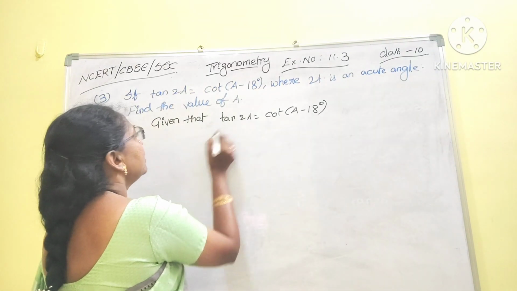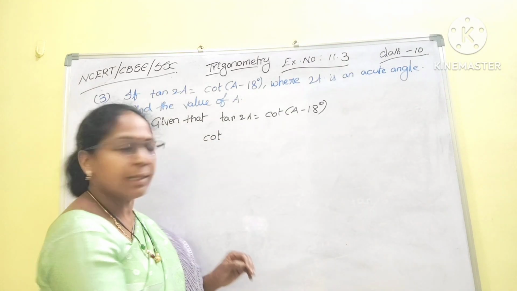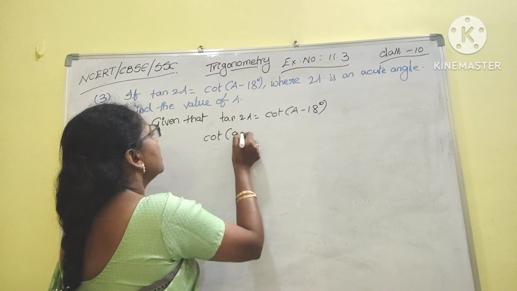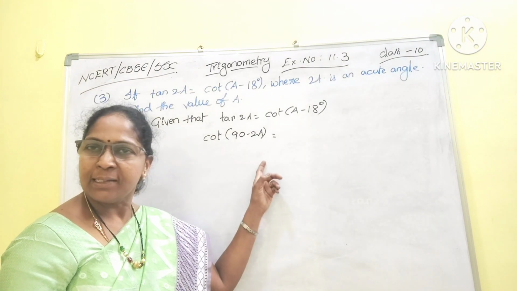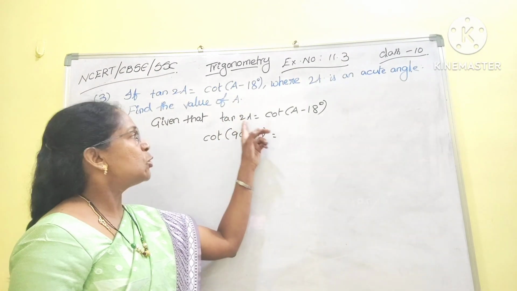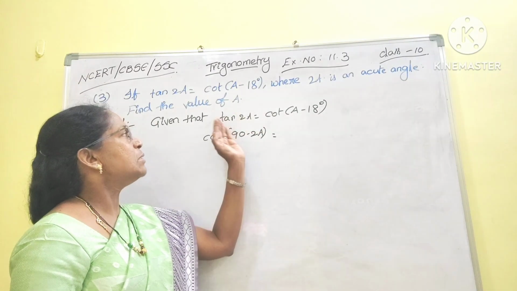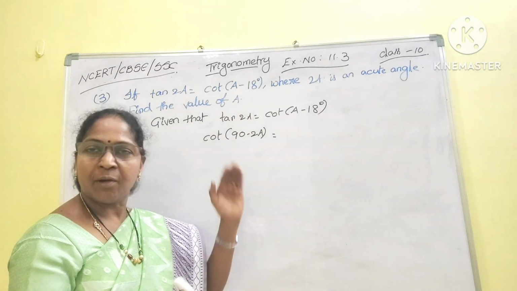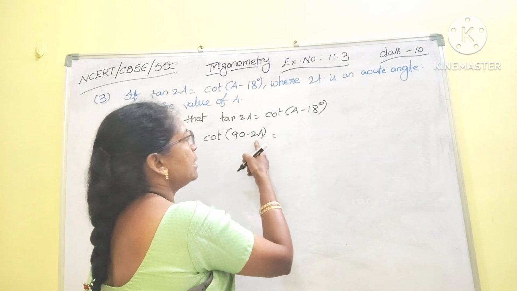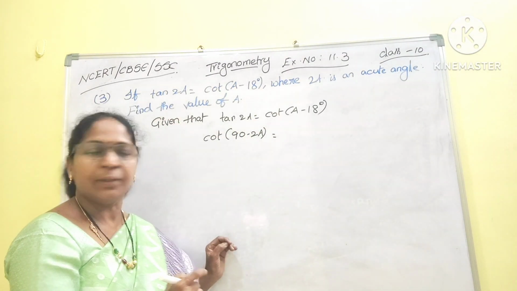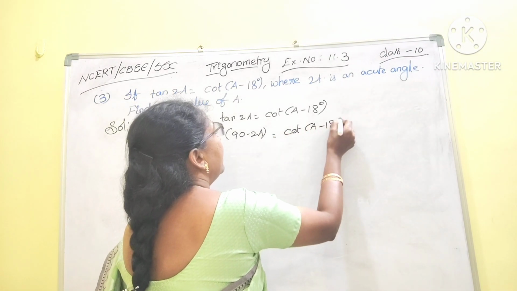So this entire term can be written as cot(90 minus 2A). Why? Because cot(90 minus theta) equals tan theta. Here the RHS has a cot term, so try to change the first term into a cot term. So cot(90 minus theta), where theta is 2A, equals cot(A minus 18 degrees).